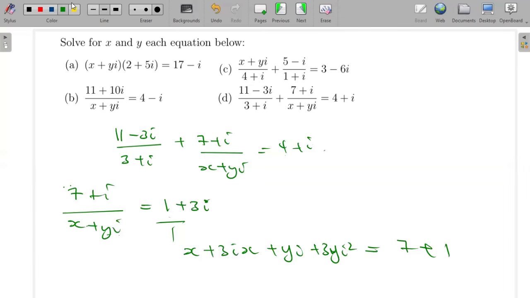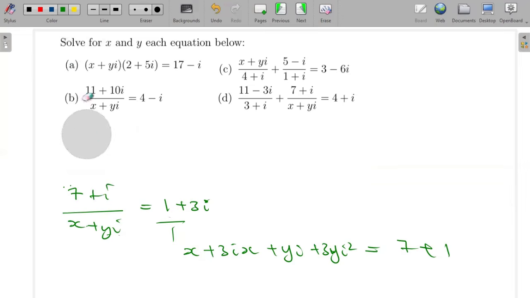Okay, and then this here is going to be on this side, where there's the i squared, I put the -1, so I get that to be x minus 3y.